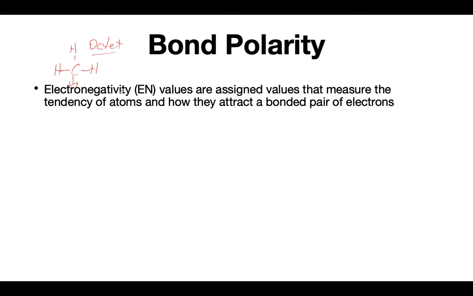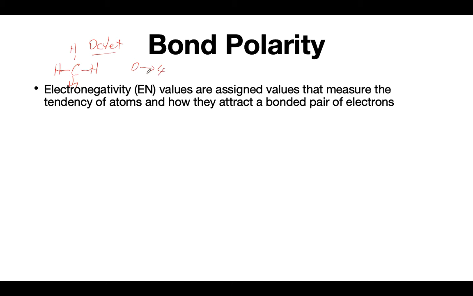So they try to draw the shared electrons to their valence shell so they can meet the octet rule. So electronegativity values are assigned to measure the tendency of an atom to attract the bonded pair of electrons. The scale of electronegativity goes from 0 to 4. 4 is the largest, and 0 is the smallest.